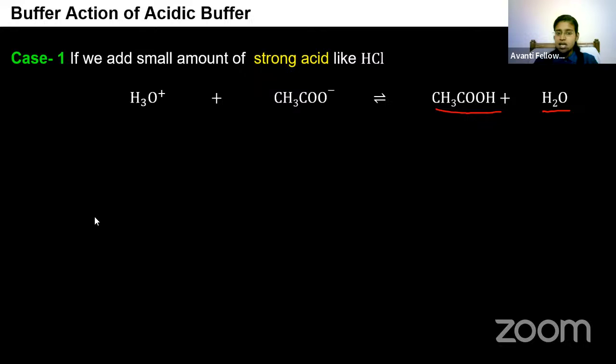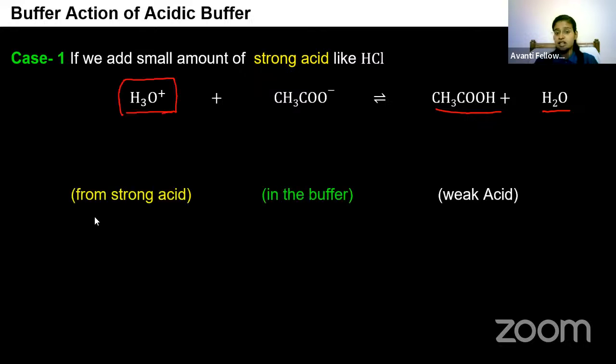This H3O plus has come from the strong acid which I have added, because HCl will have H plus and Cl minus. So it has H plus ion, and that H plus will react with the water already present inside the container and produce H3O plus. This is already present inside the buffer, and we are getting a weak acid.